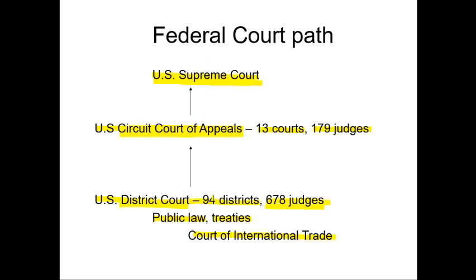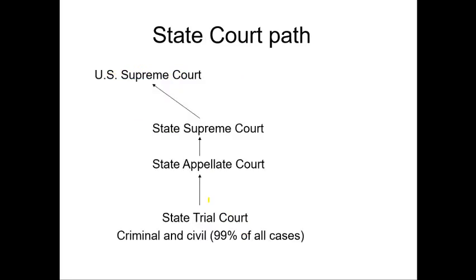Now let's look at the state court path. As I said before, the vast majority, almost 99% of all cases in the United States, are at the state trial courts level, both criminal and civil. So if you lose that case and you want to appeal it, you can go to the state appellate courts. We'll look at a few examples of their appellate systems in a minute.